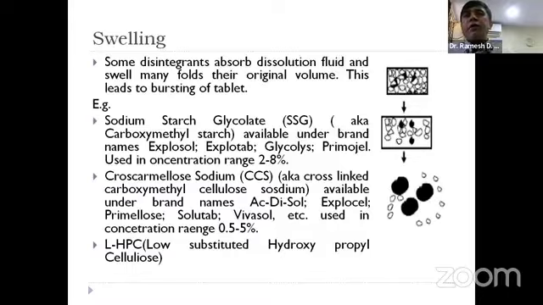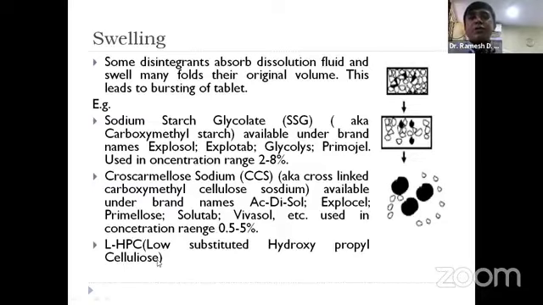It is available under brand names like Ac-Di-Sol, Explocel, Primellose, Solutab, Vivasol, etc., and it is used in the concentration range of 0.5 to 5%. If we use cross-linked sodium CMC at a very high concentration, it may lead to gelling and may delay the disintegration time. So normally, it is used in the concentration range of 0.5 to 5%.